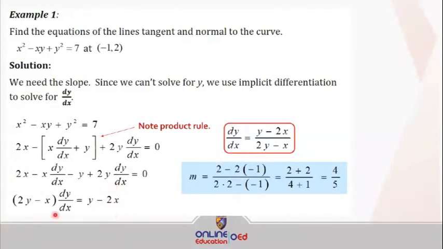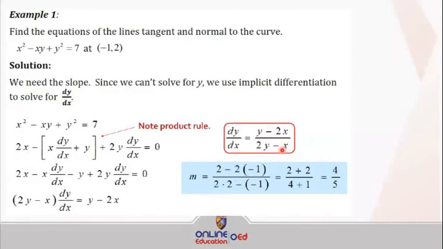And then, divide both sides by 2y minus x. Therefore, we have the value of dy over dx is equal to y minus 2x over 2y minus x. And then, for the value naman natin ng m is yung slope natin.